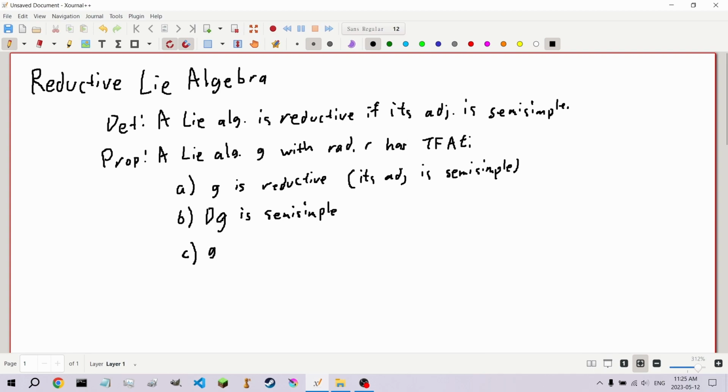C is that G is the product of a semi-simple algebra and a commutative algebra.